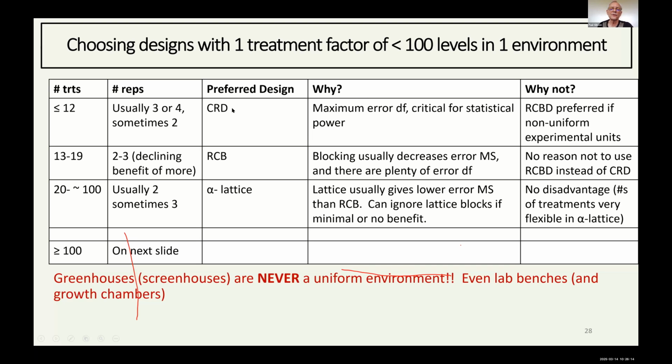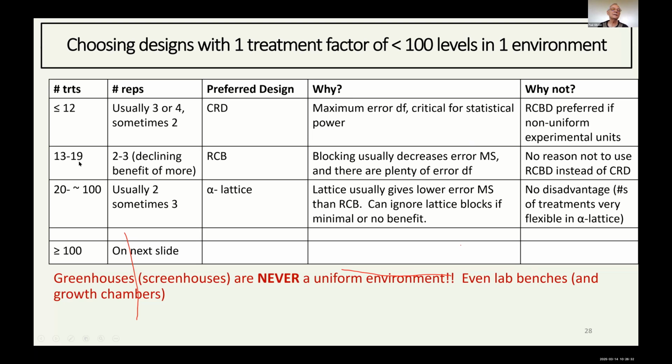And in order to get the most error degrees of freedom, CRD is generally preferred unless there's non-uniformity in experimental units, which might argue for RCB.